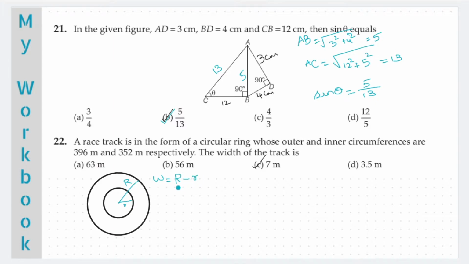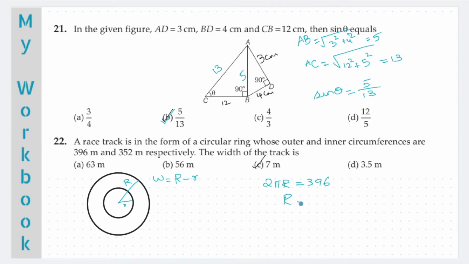Now how to find the bigger and the smaller radius? We are given the circumferences of both the circles. From there we can find the capital and the small r. So for the bigger circle, 2 pi R, the circumference is 396.